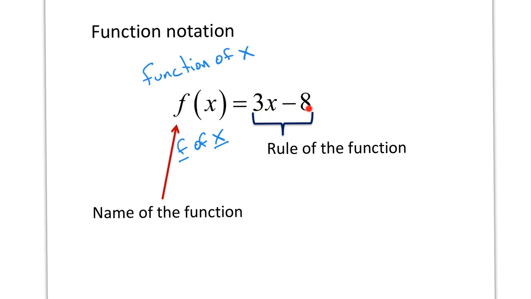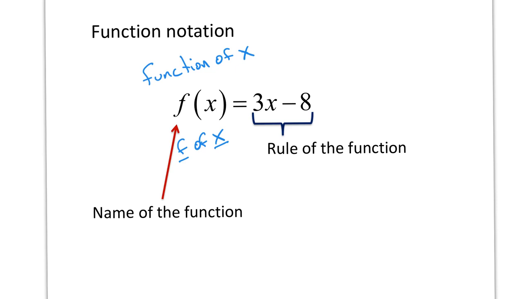This part of the function is called the rule of the function, which means this is going to help us find the values that we want to evaluate. When we want to find the y value, we are going to input an x. That's why you have an x here. So you're going to substitute, you're going to input an x, and we're going to get an output. I'll explain that more in a second.